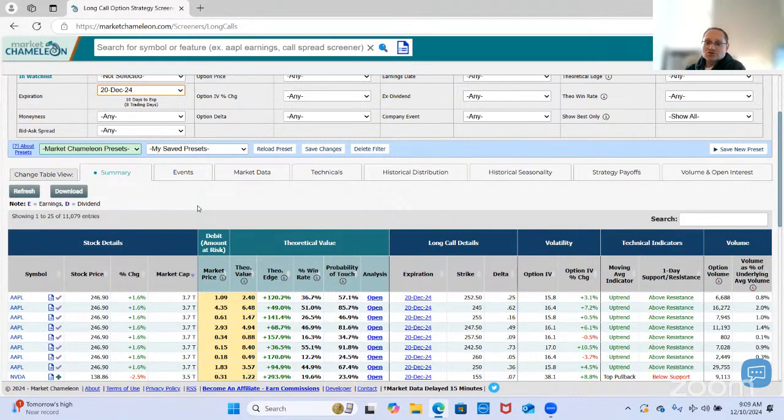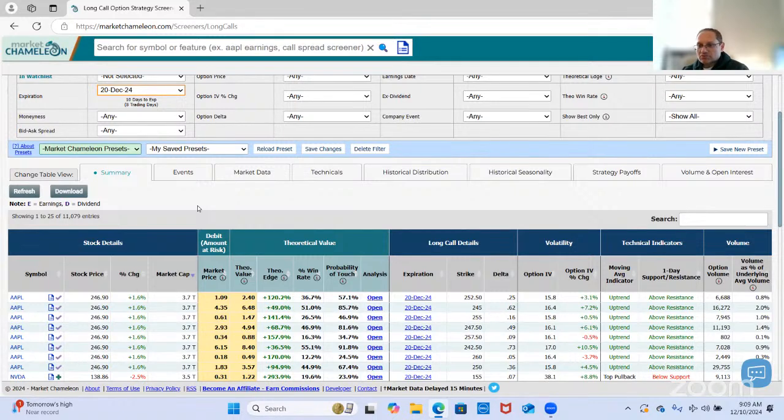Because if you play certain games, you go to a casino, you actually know right off the bat, this is what I risk, and this is what I could make. It's predefined for you. But here it's not predefined. There's no rule here that says this call will either be worth $2 at expiration or zero.